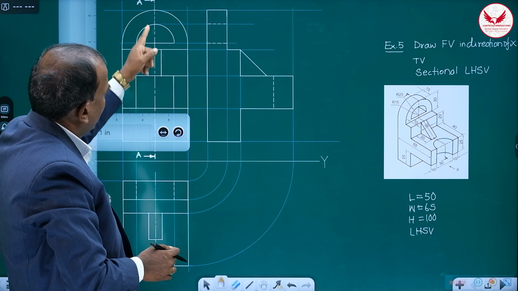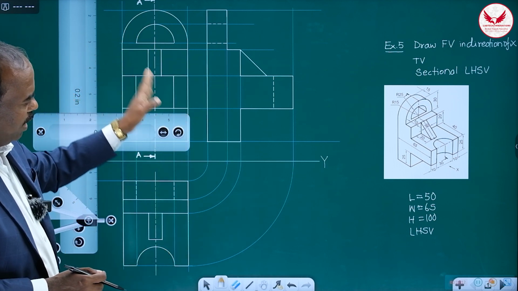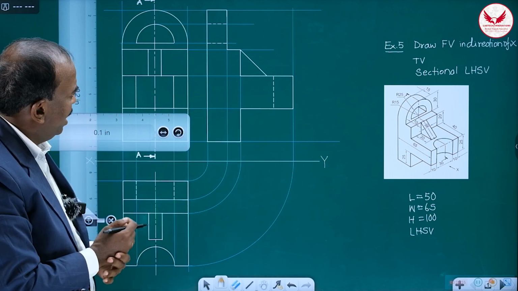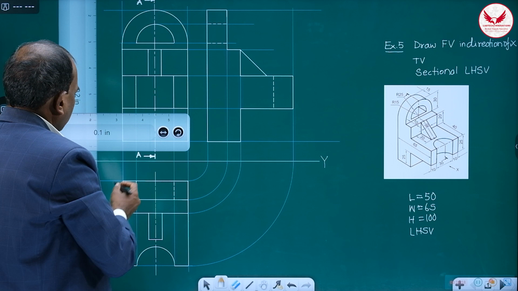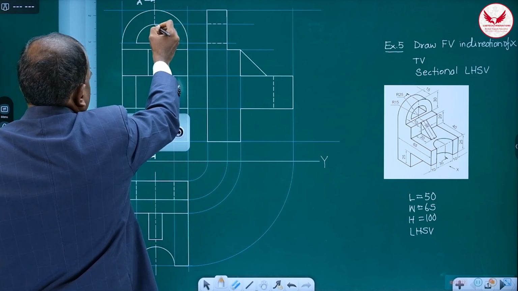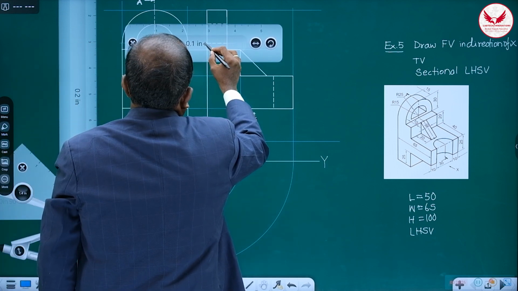show the hatching lines, and some portion will be there that the blade, the cutting plane blade, will not touch, so nothing will be done there. That means, now see, this section line cuts this edge, so this edge becomes dark in the sectional view.